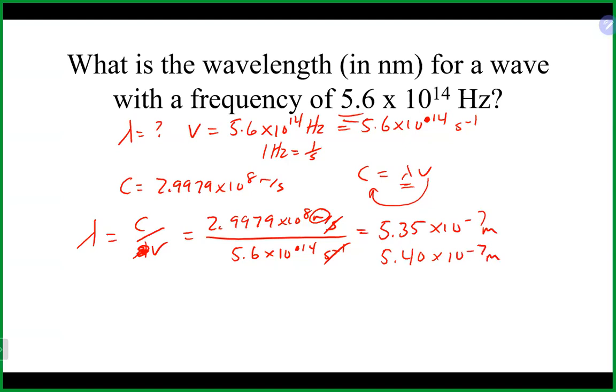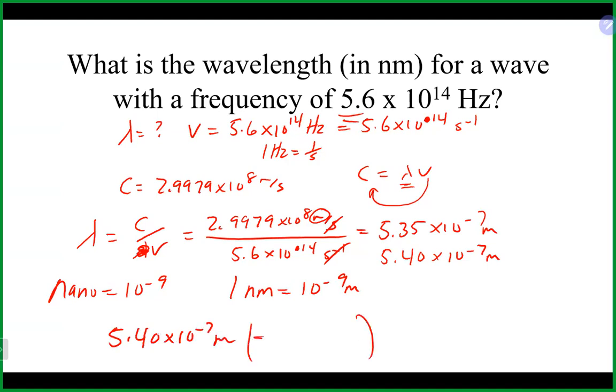Once again, we are looking for the answer in nanometers. So nano is 10 to the minus 9, which means in 1 nanometer, there is 10 to the minus 9 meters. So that is the proper way to do that. We'll use that as a conversion factor.